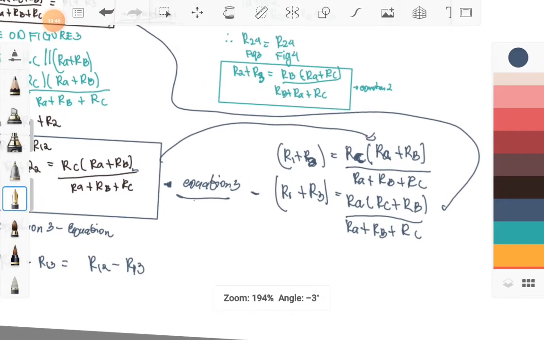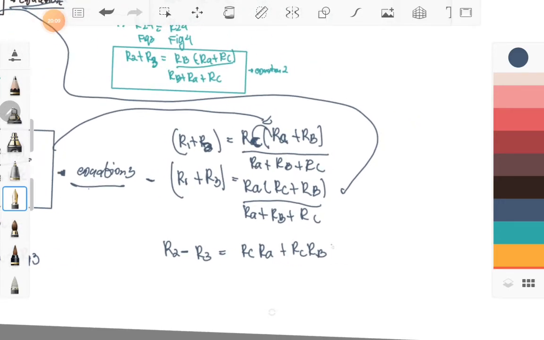We have an equation equal to R2 minus R3, which is equal to RC multiplied by RA plus RC multiplied by RB minus RA multiplied by RC. So we have RA RC plus RA multiplied by RB, divided by RA plus RB plus RC.